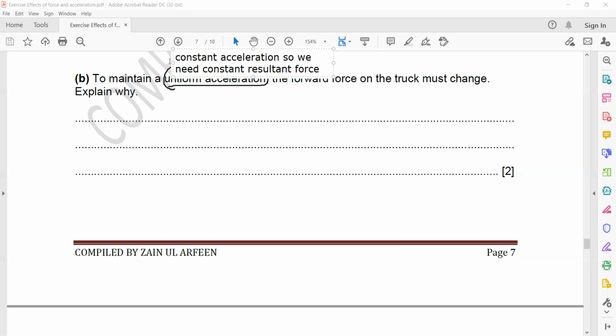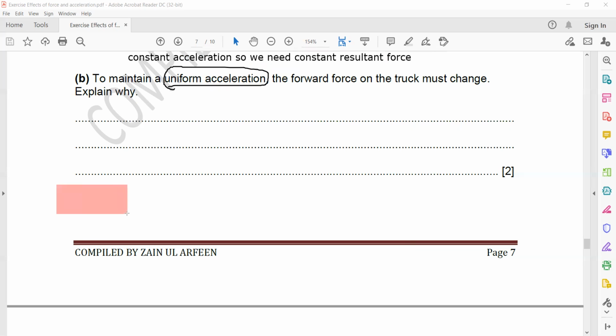So to maintain a constant acceleration, we need a constant resultant force. I will repeat with an example. Here is the truck. You want a resultant force of, for example, 10 newtons on the truck.